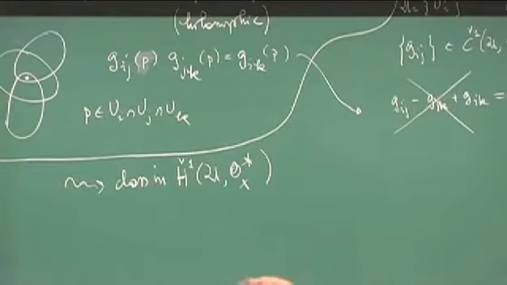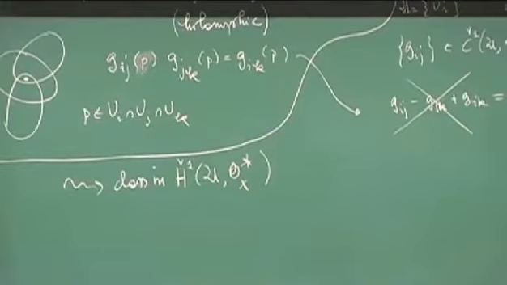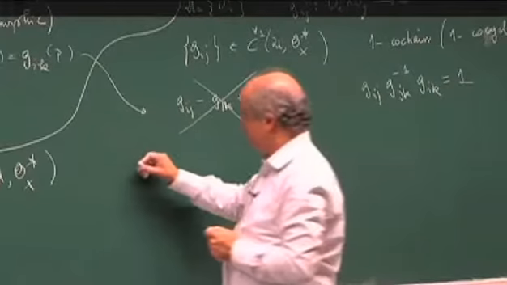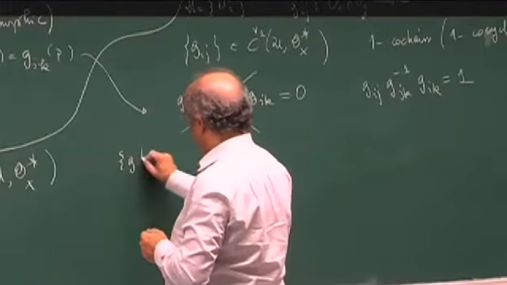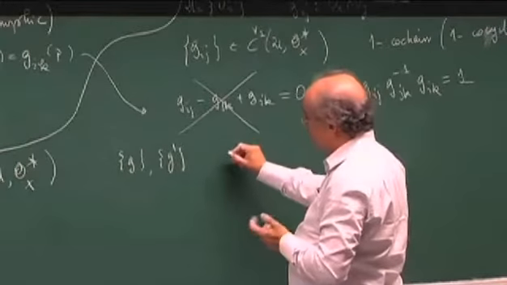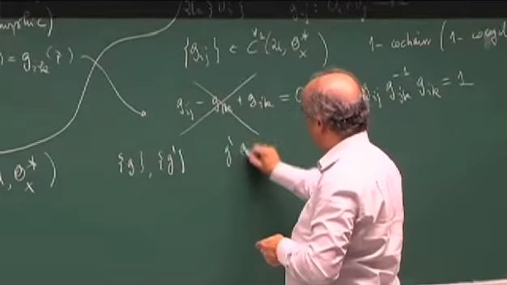Actually, we can say more, because we can show the following. What happens if we have two cocycles whose difference, so to say, is a coboundary? It may happen that I have a situation where I have two different cocycles, say g and g prime. But I shouldn't say the difference because we are in the multiplicative case.